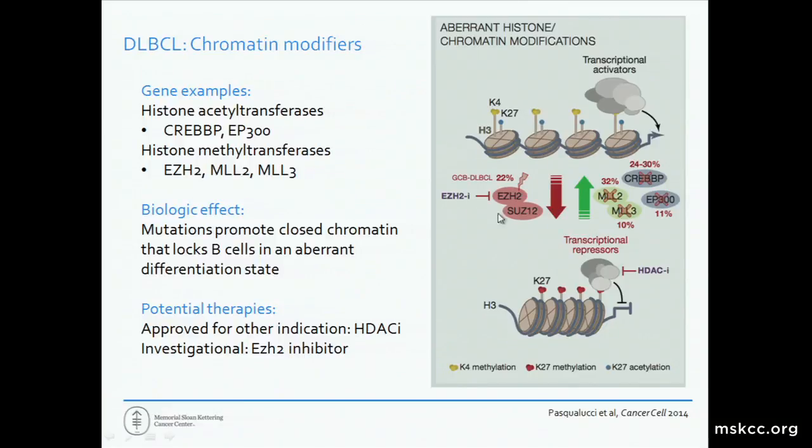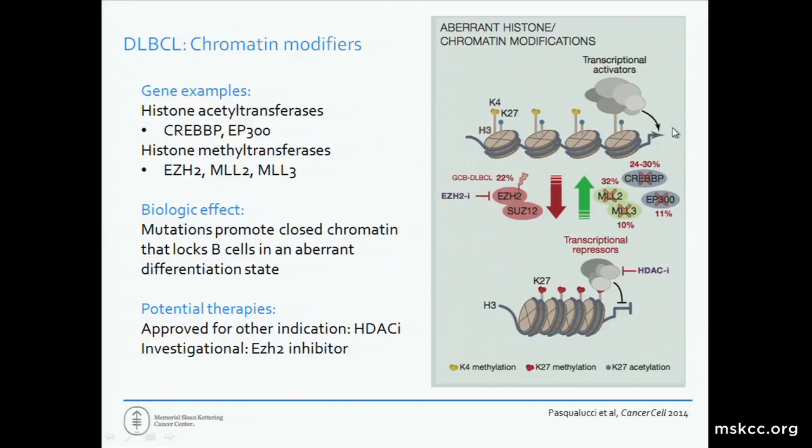Another biologic pathway that was very commonly mutated was genes involved in chromatin modification. There's a whole set of enzymes that are involved in basically toggling chromatin from a transcriptionally active state to a transcriptionally inactive state. These involve enzymes such as EZH2, which promotes methylation that drives this repressive state, and enzymes such as MLL, which drive histone methylation that opens up chromatin, and then these histone acetyltransferases that also promote histone acetylation and active transcription.